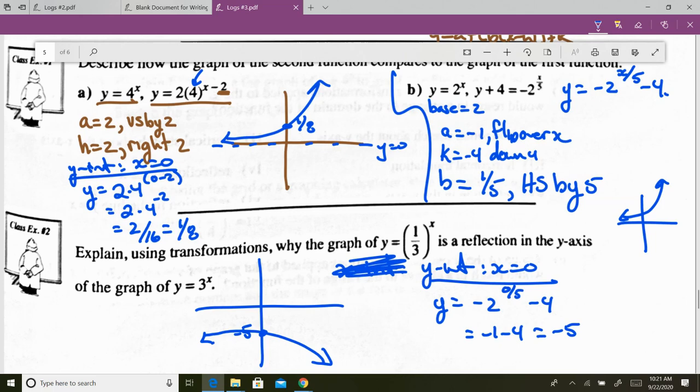So if my regular asymptote is at 0, and this moves the graph 4 units down, where's my new asymptote? -4. So you just draw a dashed line at -4. And that's your sketch. I know that's all you need, but I want you to be comfortable doing that. That's taking a bit of what we did last chapter and adding it onto this.